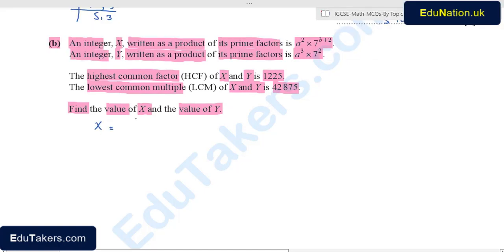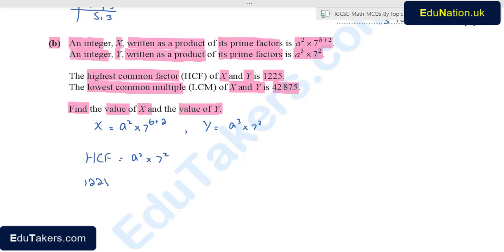x is equal to a square times 7 raised to power b plus 2 and y is equal to a cube times 7 square. Their HCF is equal to, common factors are a square times 7 square and HCF is 1225.